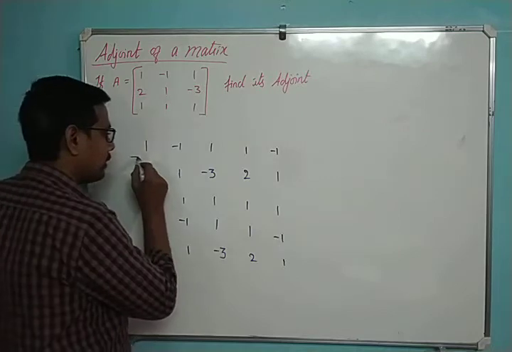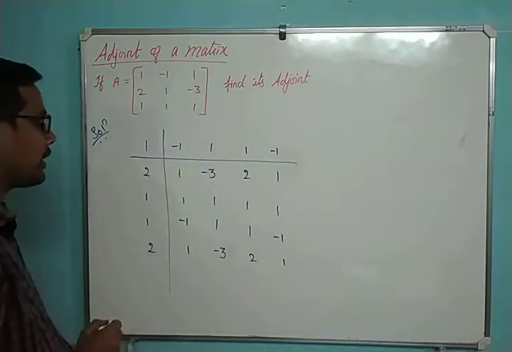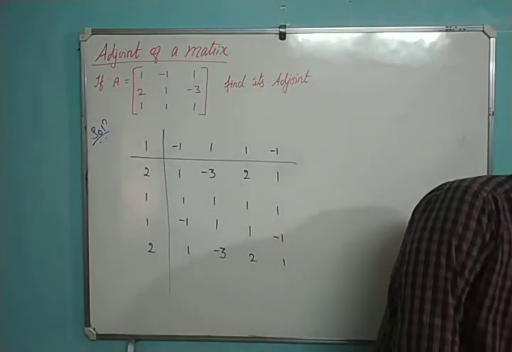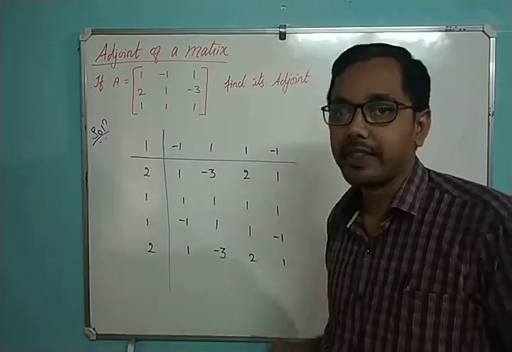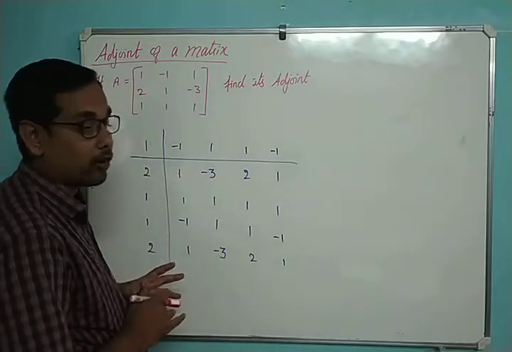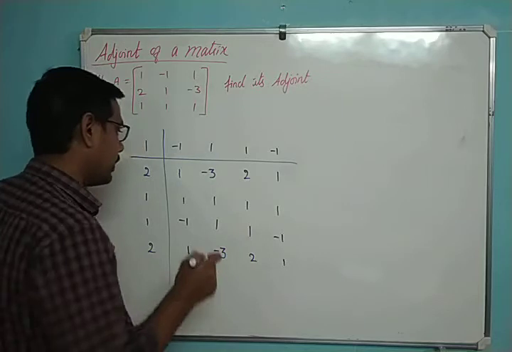Now put it in this particular form. As it is a 3 cross 3 matrix, I need how many elements? 9 elements, that is 3 rows and 3 columns. So in this we should form 2 cross 2 determinants, which will give us 3 rows and 3 columns.